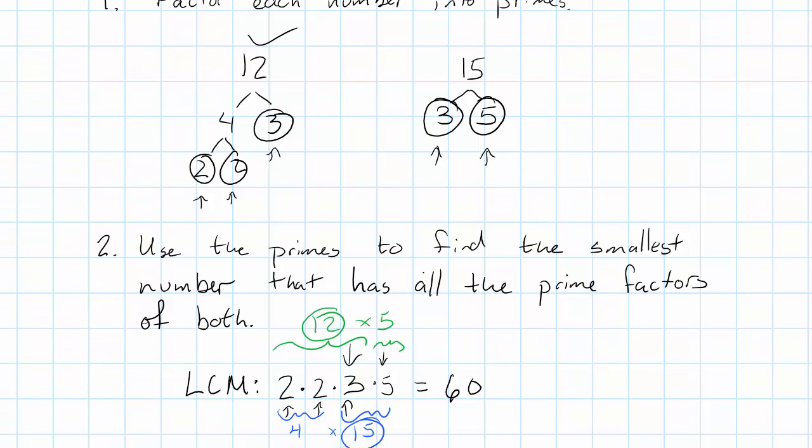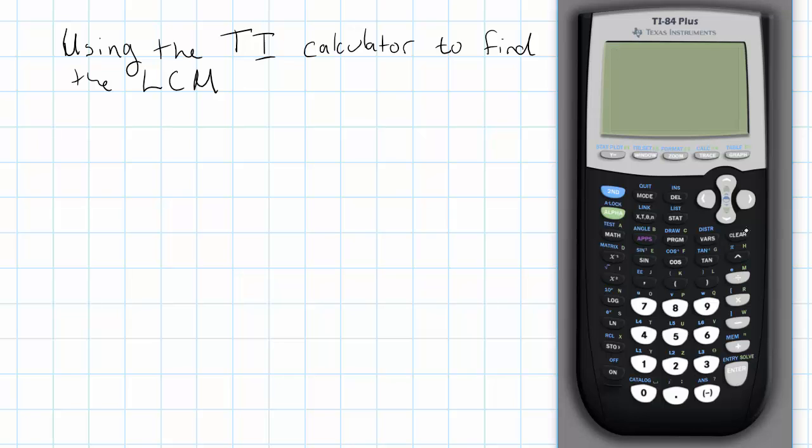However, once you feel you've practiced this enough, or to check your work, you can use the TI calculator to find the least common multiple. So just looking over the keypad on the calculator, we don't find an LCM button. It's not quite that easy. To find the LCM, we need to go into the menus.